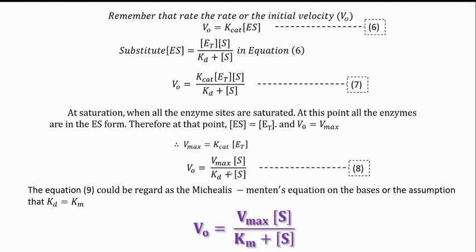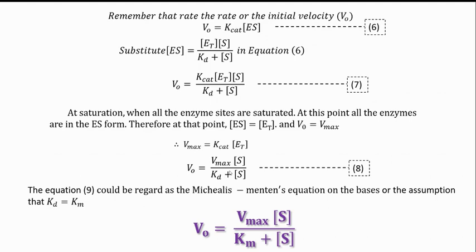And when we do that, we have that VO is equal to Vmax multiplied by S all over Km plus S, and this is the Michaelis-Menten equation.